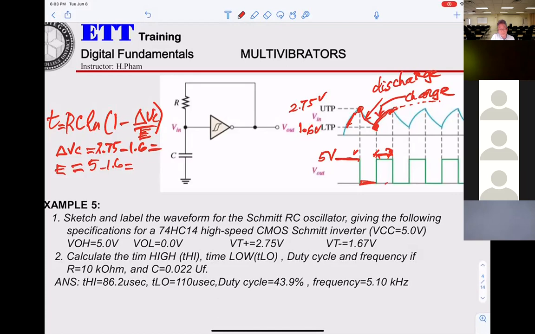Okay, that is how you calculate the T high. Any questions for the calculation of T high? Yeah, just go over one more time, Mr. Pham, that last E where you got E minus 1.6.